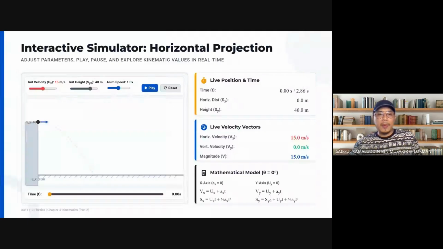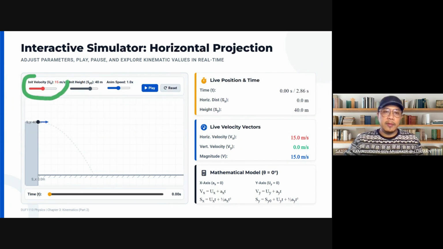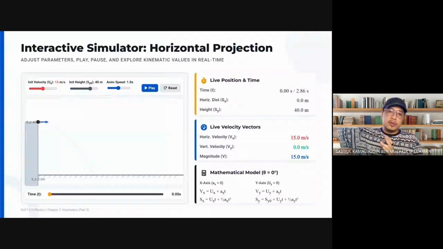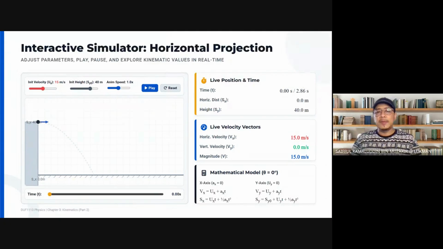Now look again. The ball is being kicked outward. This is UX. This is already UX because the ball is being kicked rightward. Rightward means it moves to the right. So this is UX, not U. Why?